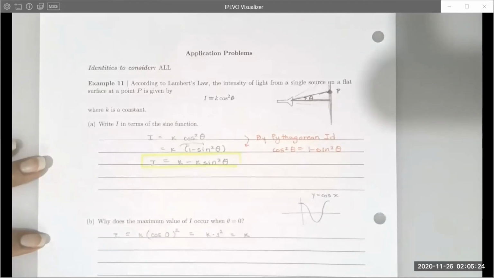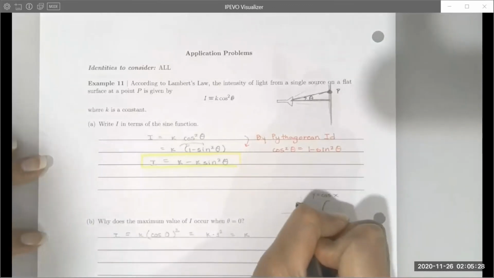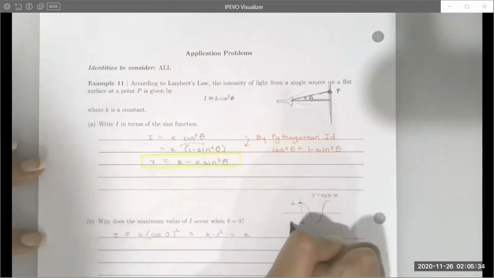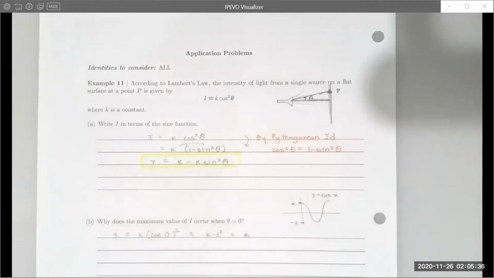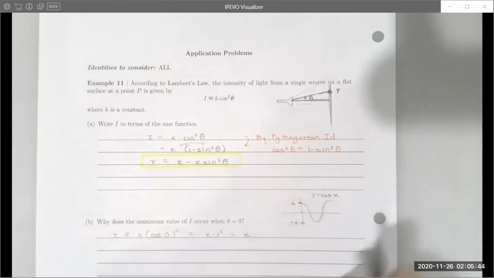Where does it begin? Well, it begins at 1, right? At 0, 1, and the lowest it goes to is negative 1. So the maximum that cosine attains is 1, and it happens when the angle is 0.